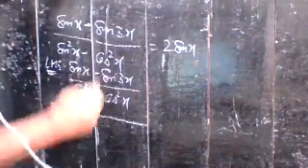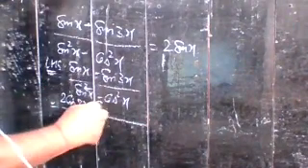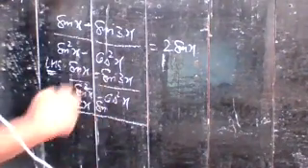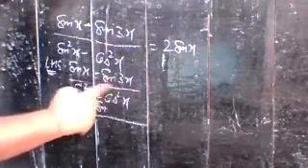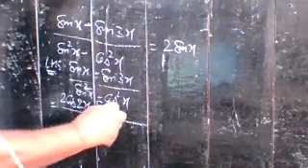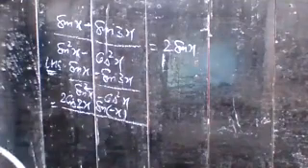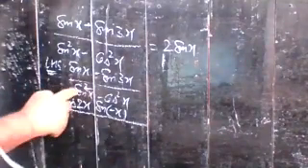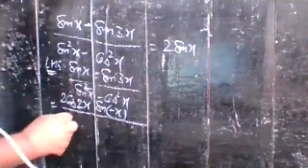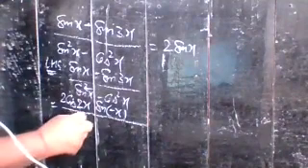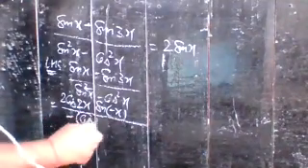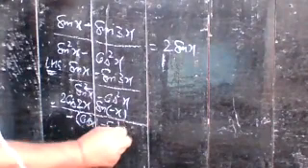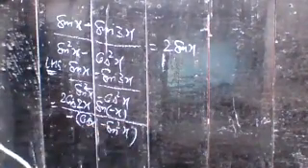And sin (x minus y) by 2 gives minus 2x by 2, which means sin of minus x. Taking minus common, it becomes cos square x minus sin square x.